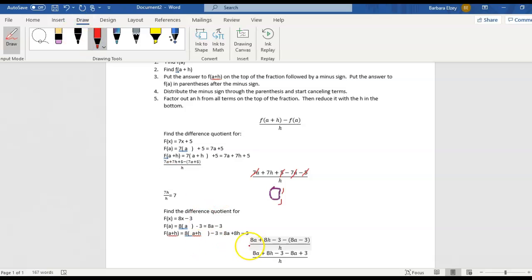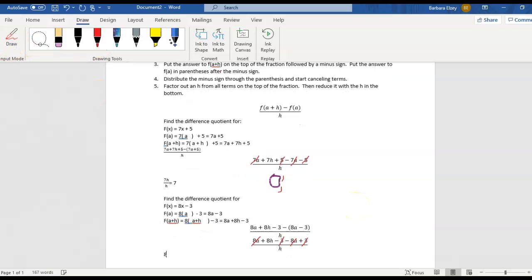So let's notice 8a minus 8a, negative 3, positive 3. Okay, so everything is canceled out except the 8h. So we'll have 8h over h, and our h's will cancel to give us 8 as the answer to our difference quotient.